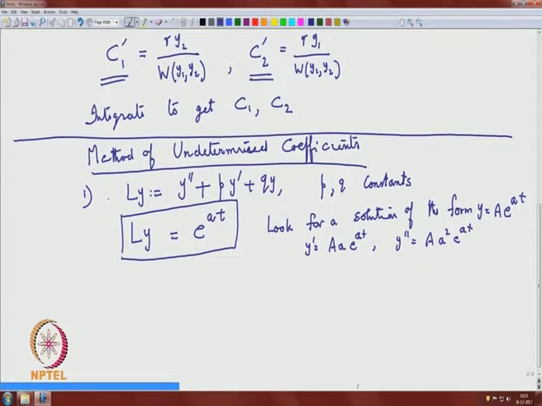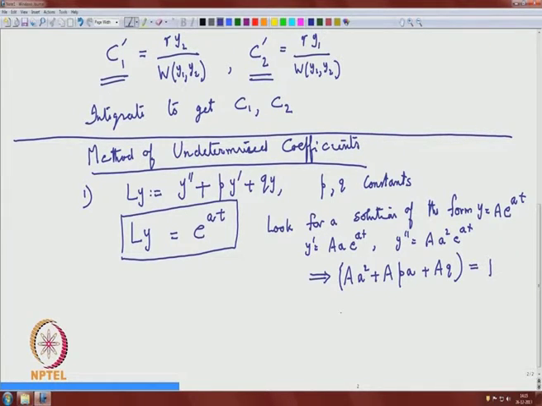If you substitute there, e power a t will cancel, and this will give you immediately c times a square plus p a plus q, where p and q are constants, equal to e power a t on the right hand side, that will get 1.